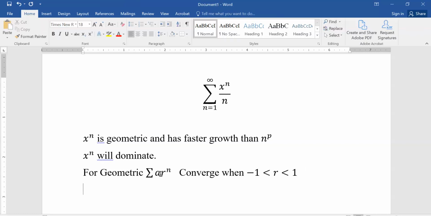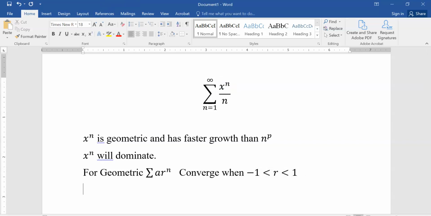So basically, what I'm saying is that this coefficient a, even though in geometric this a is a fixed number, even here, the r to the n power, in this case x to the n, is going to converge when that geometric piece is between -1 and 1.